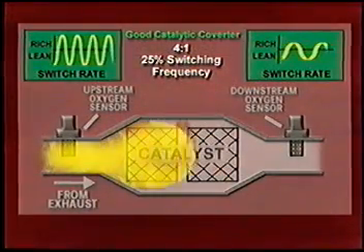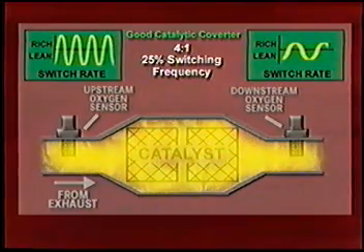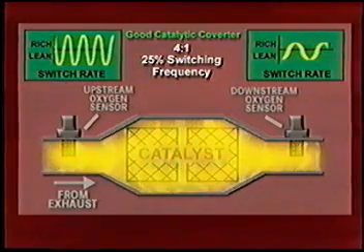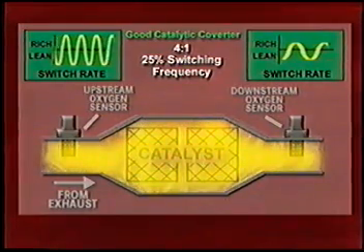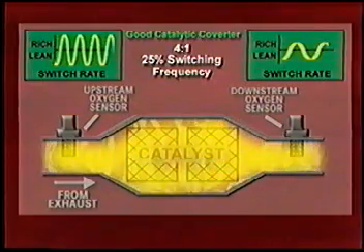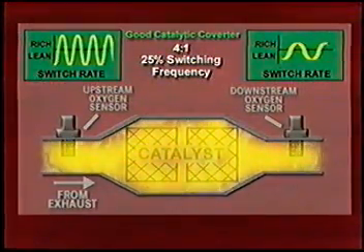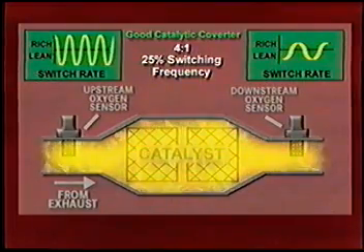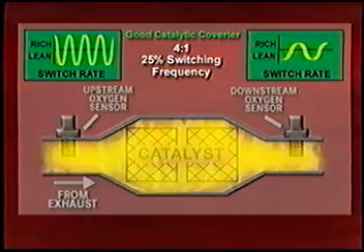Another important difference between the EWMA catalyst monitor and the early generation catalyst monitor is that the PCM is able to compare the current upstream to downstream O2 sensor switching frequency against stored data from past trips. This allows the PCM to determine if the catalyst is naturally aging or if there's been a catastrophic failure, possibly due to poisoning or misfire.